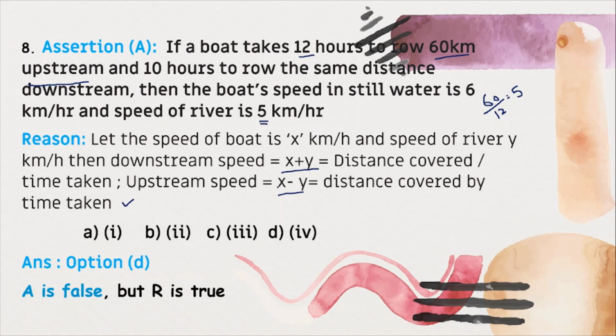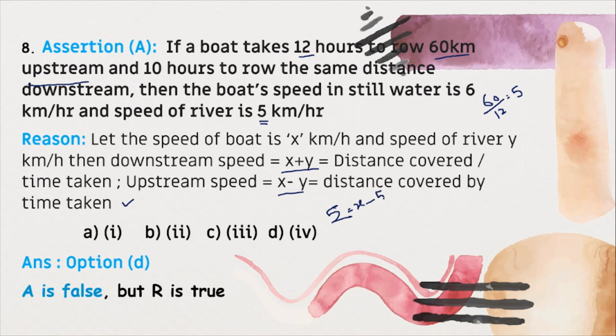We know the upstream speed is x minus y, right? The speed of the river is y. Suppose y itself is 5, then the upstream speed is 5, so we write the equation 5 equals x minus 5.